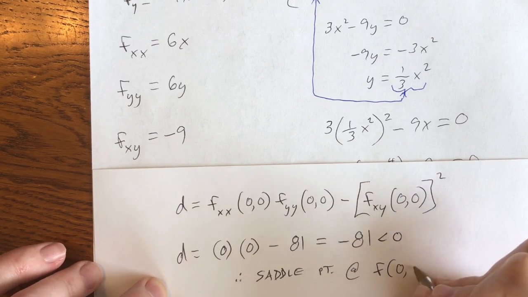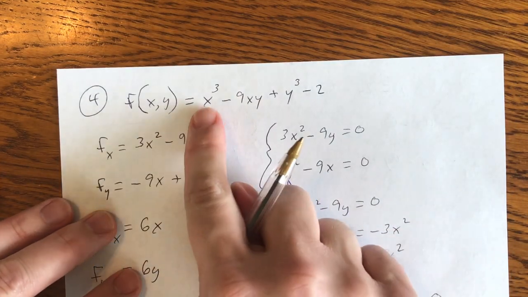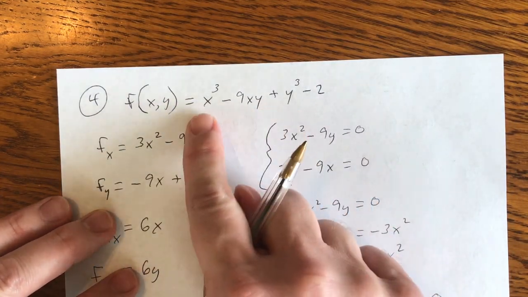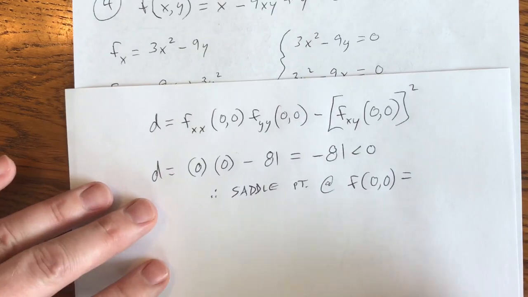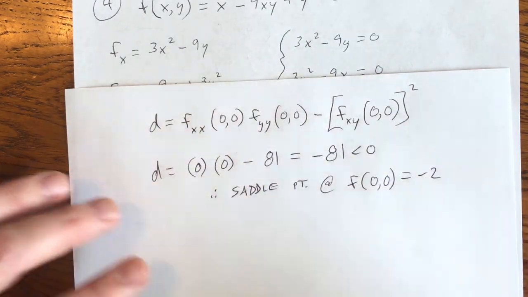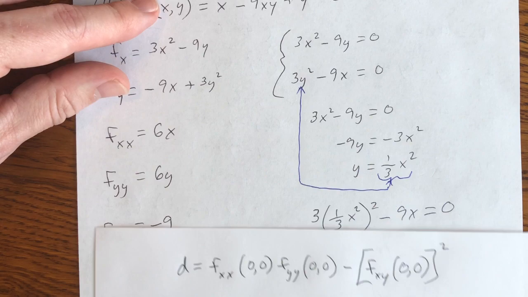F of (0, 0), which is based upon plugging in 0 into every x and every y, and you'd obtain a -2. All right, so there's your ordered triple: (0, 0, -2). Okay? Moving right along.